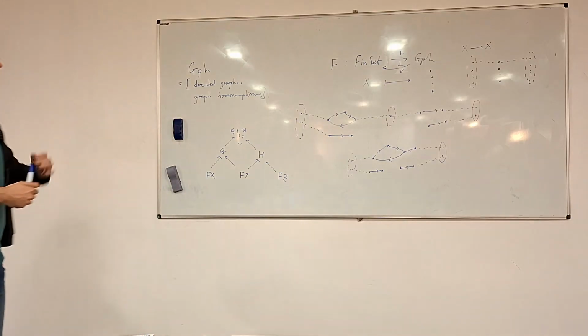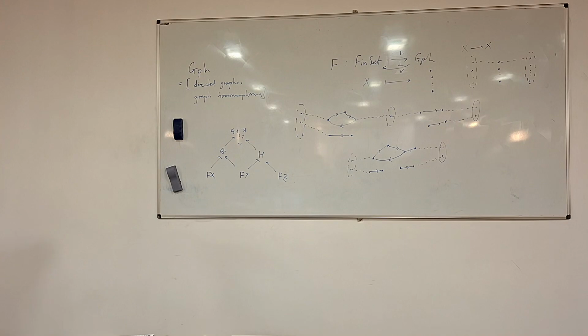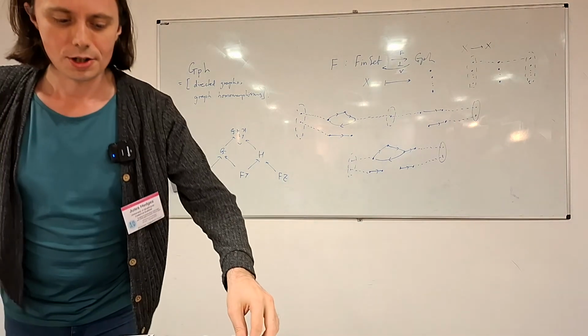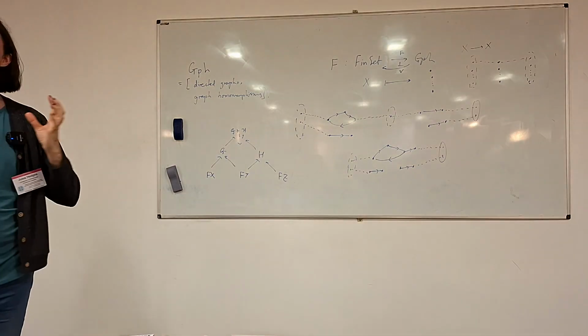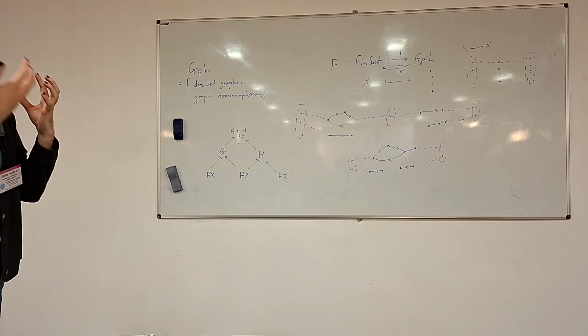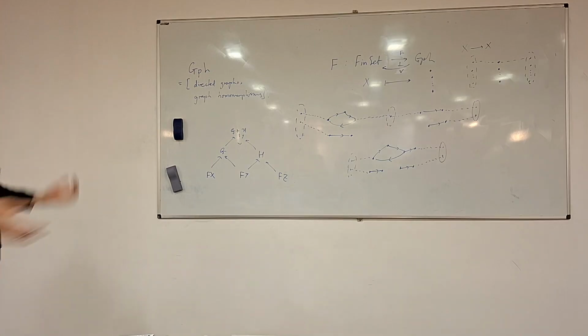So, okay, let's talk about semantic functors. A common methodology is that we want to build some kind of category of open systems. We want to study a thing. So here we want to study directed graphs. Directed graphs are pretty basic, but let's say we want to study them.